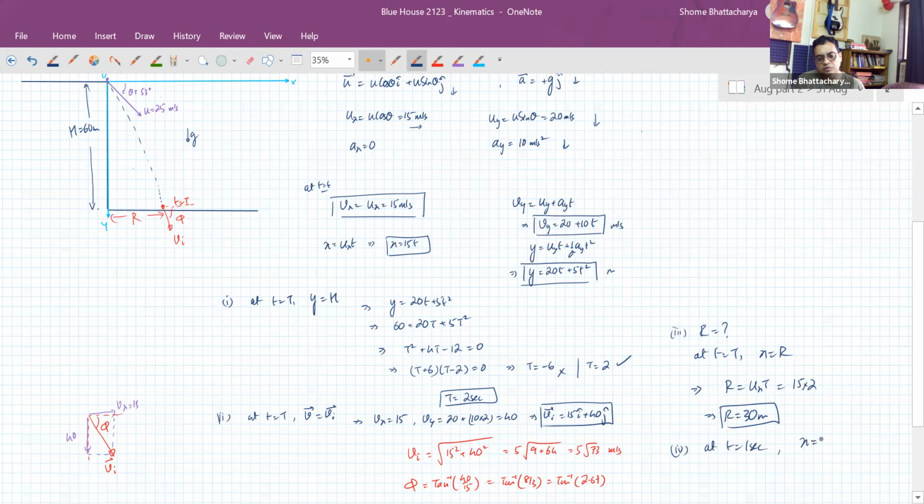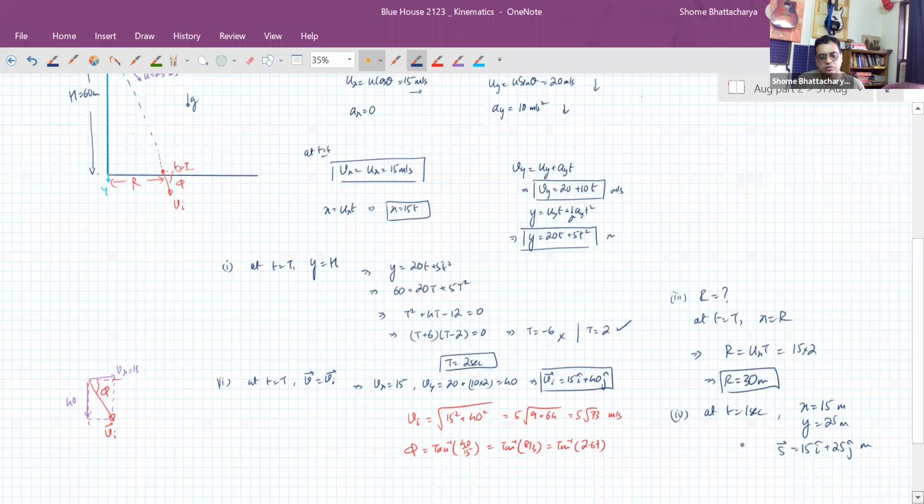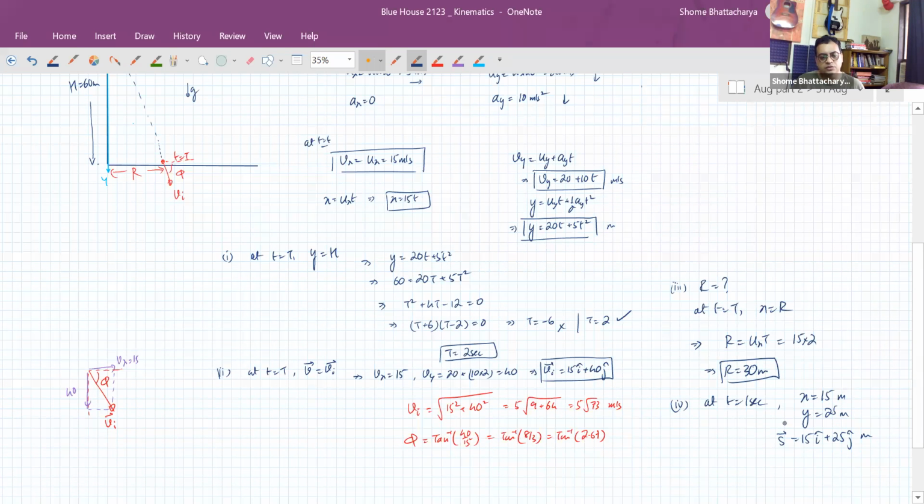And then fourth part, you can see that at t equal to 1 second, the x coordinate would have become 15 meters. The y coordinate as a function of time, you can see here, is 20t plus 5t square. So it will become 25 meters. And therefore the displacement would be 15 i cap plus 25 j cap in meters. So it's coming from these two equations.